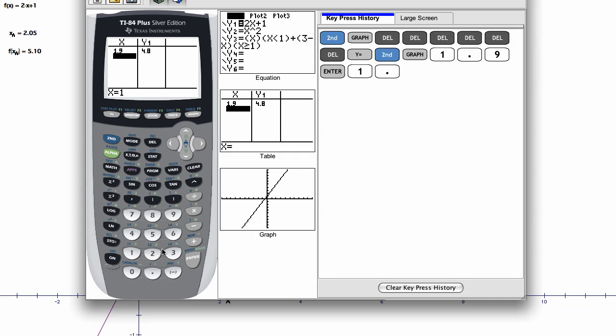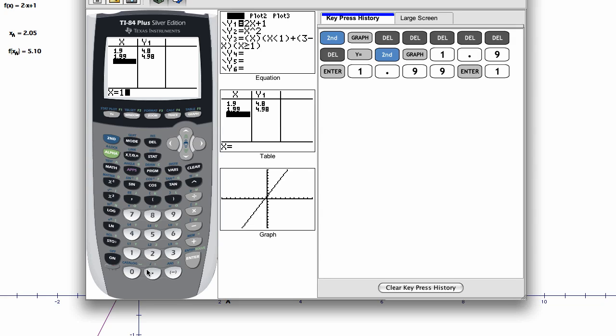Well, what if we can get a little closer? 1.99 is a little bit closer to 2 than 1.9 was. So I hit enter, and you can see that now my x coordinate is slightly closer to 2, and it looks like my y coordinate is getting closer to 5.